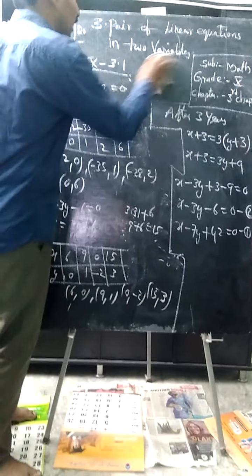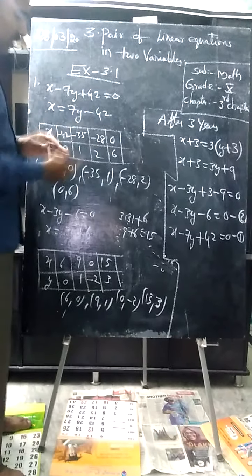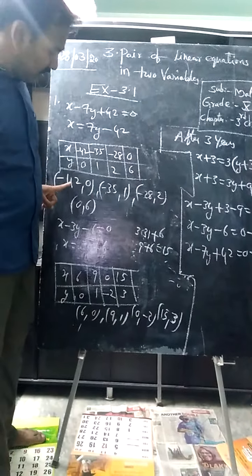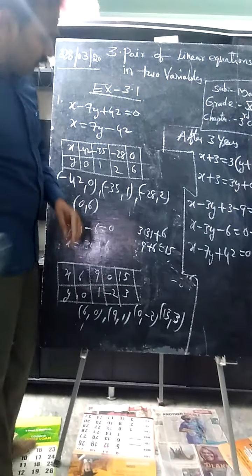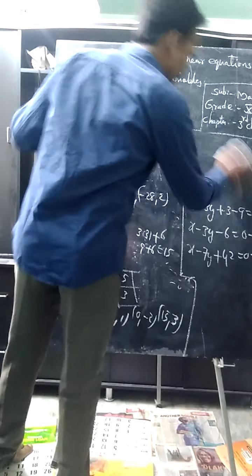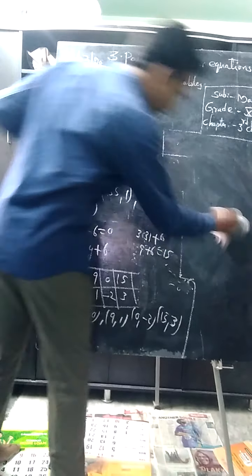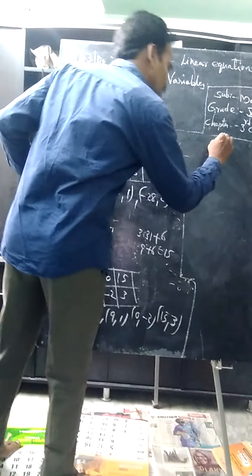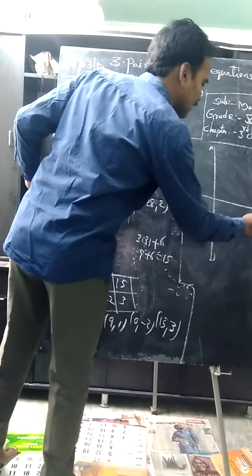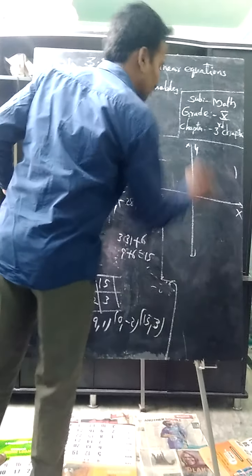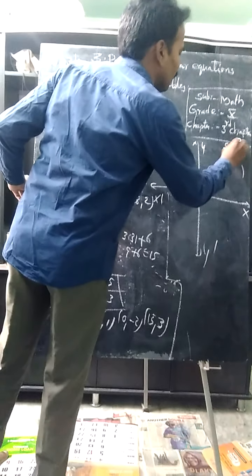Take one graph sheet and plot the graph. Take the scale appropriately, because we have a larger value, minus 42, on the x-axis. So it is better to take 5 units on the scale. Draw one vertical line and one horizontal line, as you learned in earlier classes, and after that take the scale conveniently.